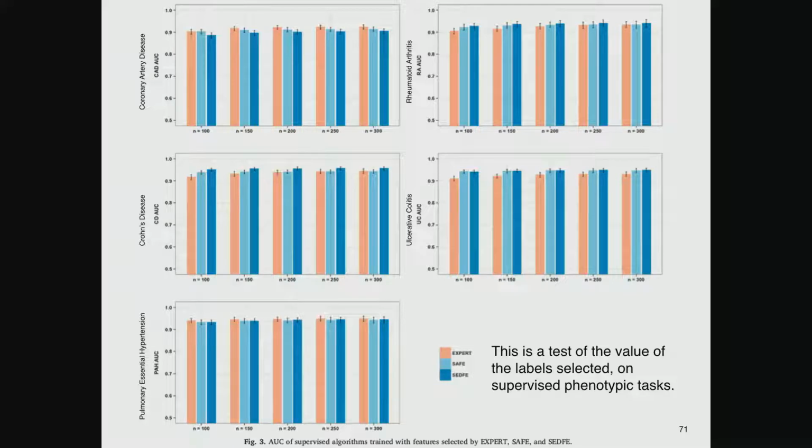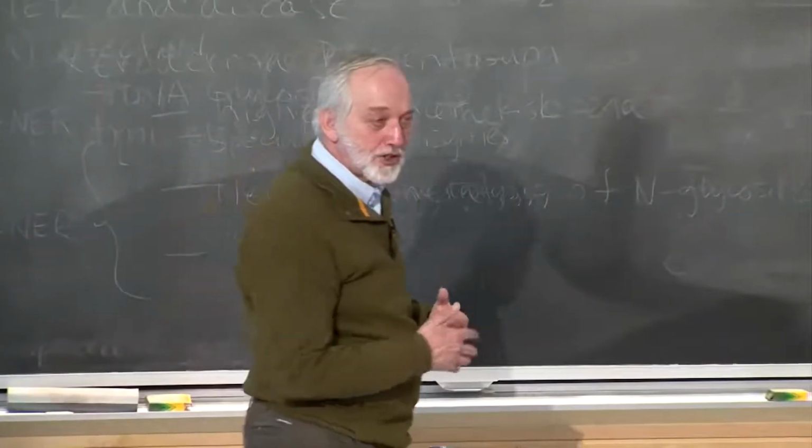But what you're seeing is that the orange lines are based on the expert curated features. This is based on an earlier version of trying to do this, and SEDFA is the technique that I've just described. And what you see is that the automatic techniques for many of these phenotypes are just about as good as the manually curated ones. And of course, they require much less manual curation because they're using this automatic learning approach.